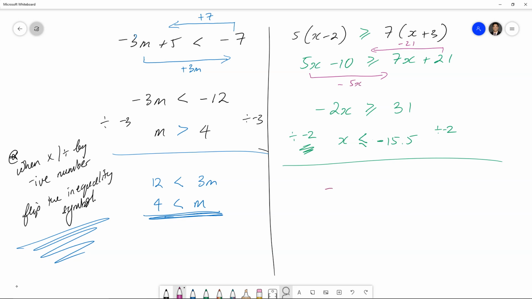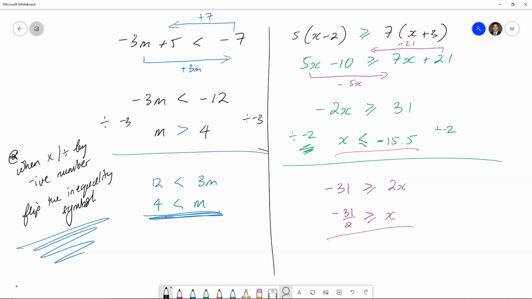So what we'll end up having is negative 31 is greater or equal to 2x. And then that way we have negative 31 divided by 2 is greater or equal to x. Okay, so same statement, but it's phrased in the different direction, but they both remain consistent with each other.